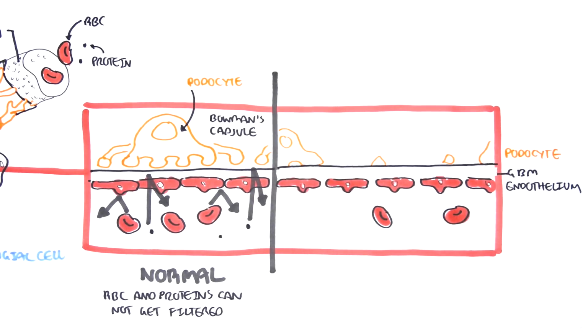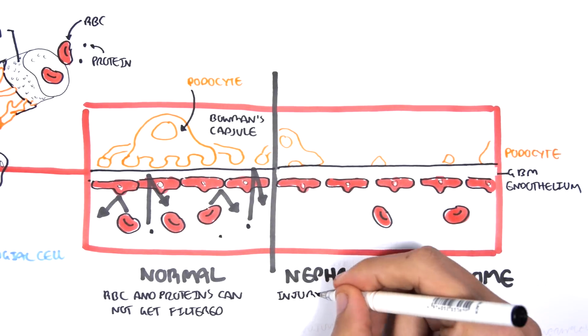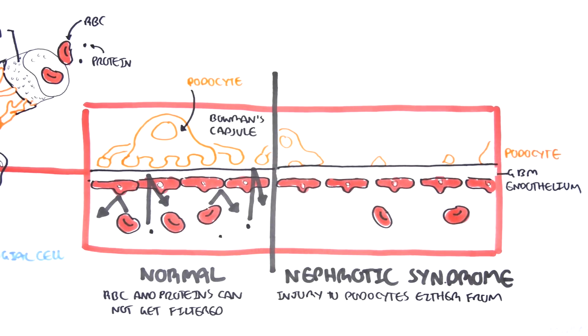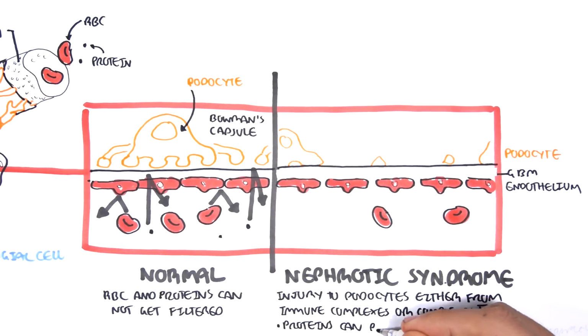In nephrotic syndrome, there is essentially injury to the podocytes due to many reasons, mainly either from immune complex deposition or complement protein activation, which leads to subsequent damage.